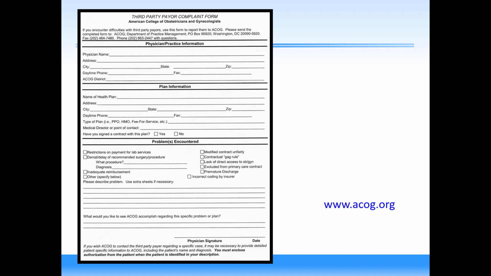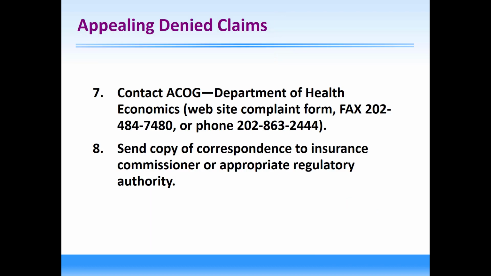On the staff at ACOG, there are legal support and lobbyists on Capitol Hill, and they are positioned to provide some extra weight to the third-party payers who are exhibiting inappropriate behavior. This is the contact information at ACOG, the Department of Health Economics, their fax and phone number, and again, you may want to also consider it when it reaches this point of sending a copy of all of your correspondence to the state insurance commissioner.